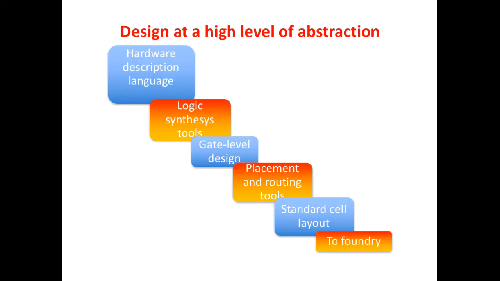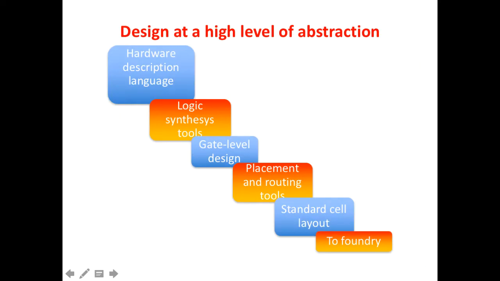So standard cell layout, and then once the standard cell layout is complete, one can go to a foundry, because at the end of the design in terms of standard cells, one is ready to obtain the masks for the various levels of doping and the different regions of silicon, and directly go to the foundry.